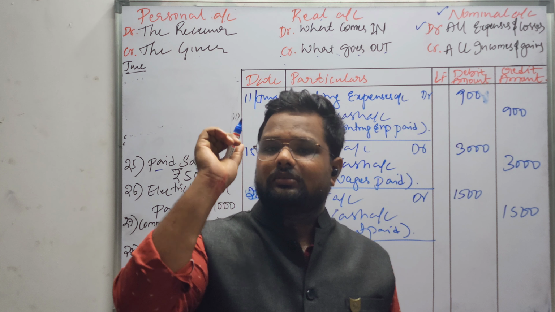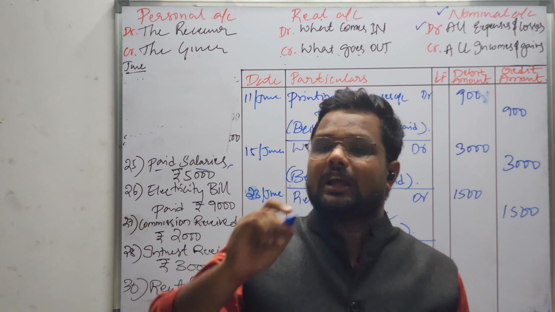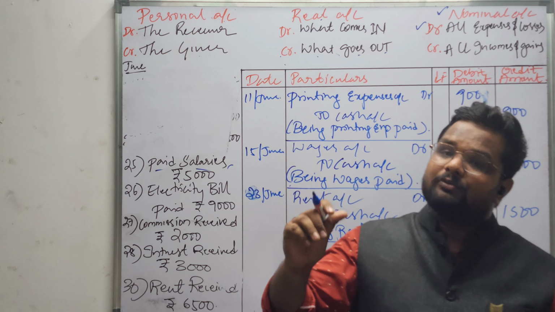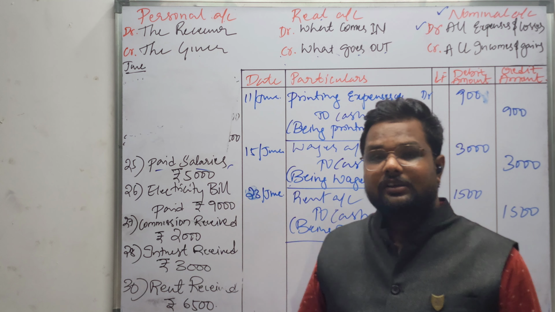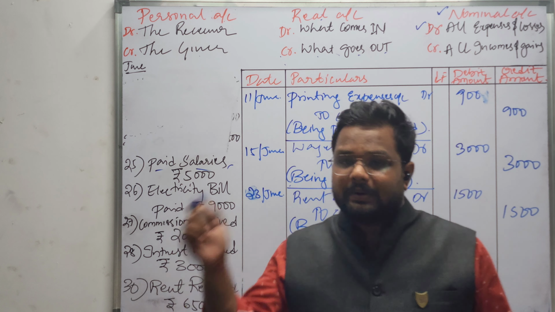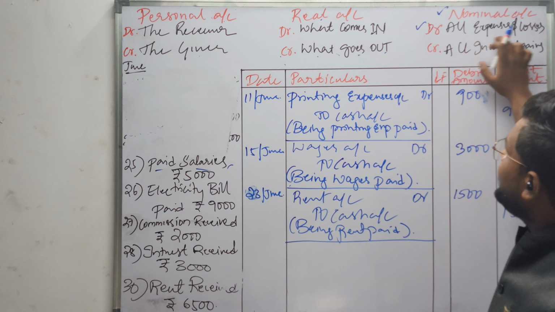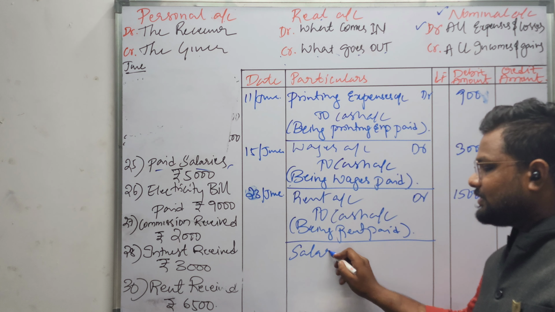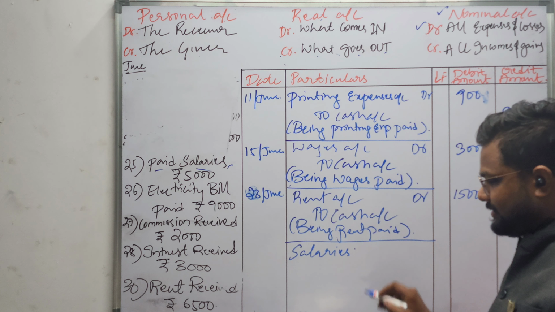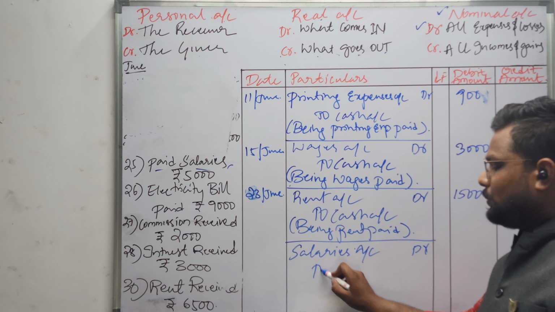So we should consider that cash is going out, and for what kind of expenditure. Here it's salary. So salary being an expenditure for the business, according to the nominal debit rule, debit all expenses and losses, debit salaries. So salary account debtor to.